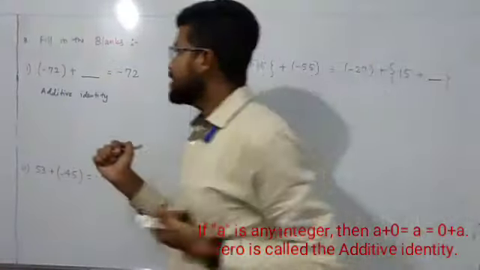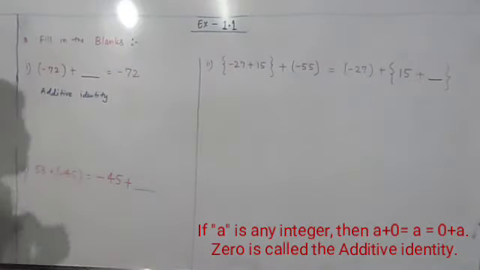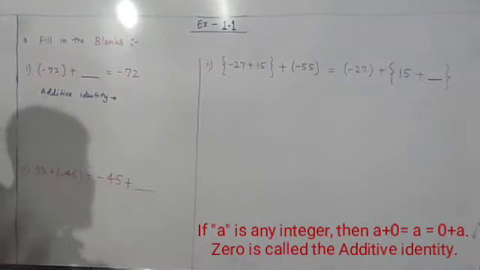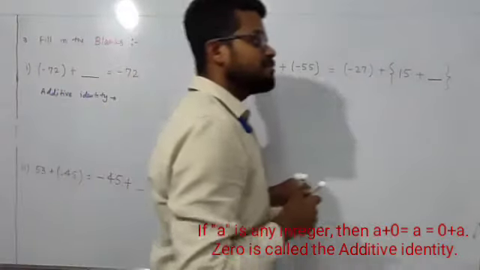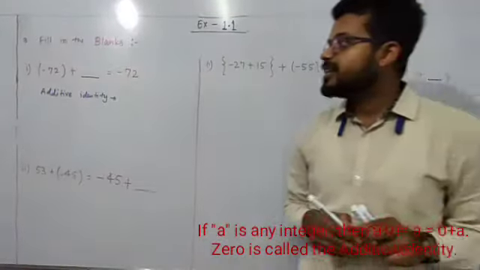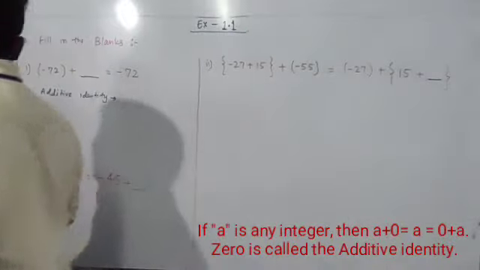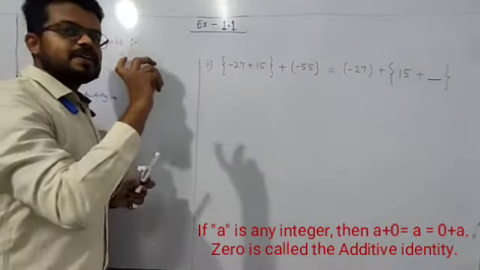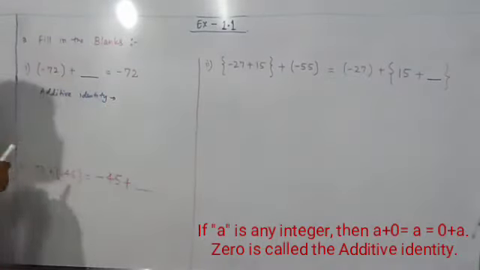What is additive identity? I told you that whenever you get a question, something like 5, what is the additive identity of 5? You simply put a 0 and then solve that problem.